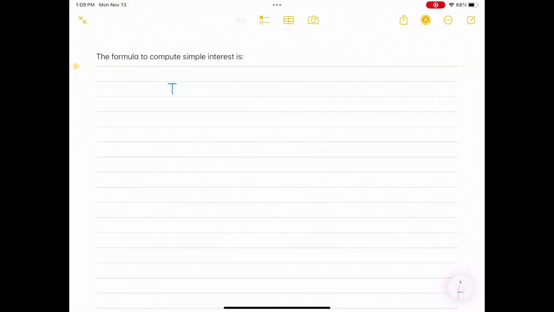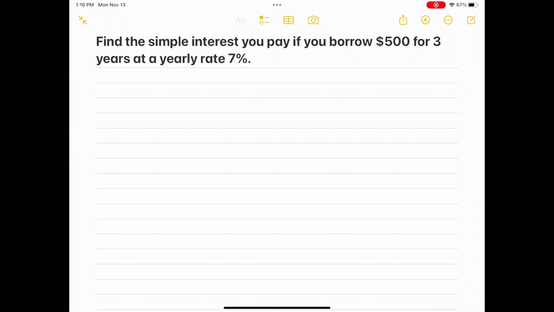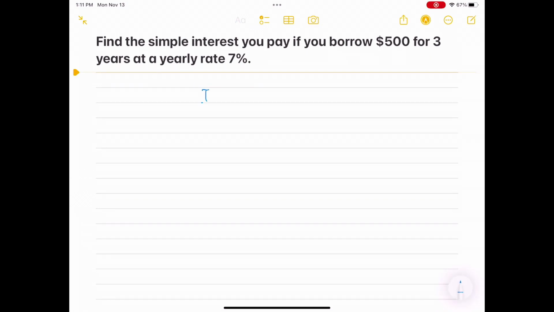The formula to compute simple interest is interest equals principal times rate times time, or I equals P times R times T. Find the simple interest you pay if you borrow $500 for 3 years at an annual rate of 7%.